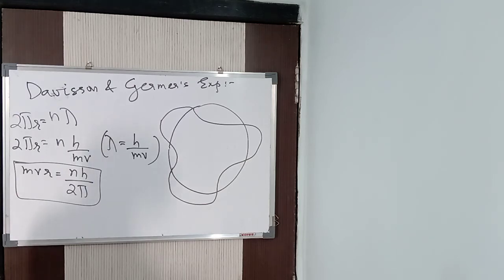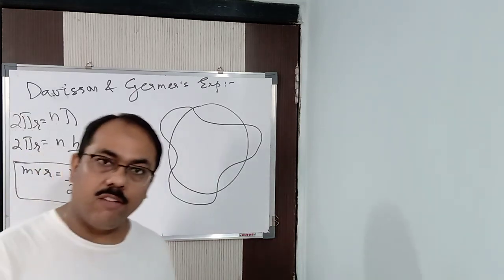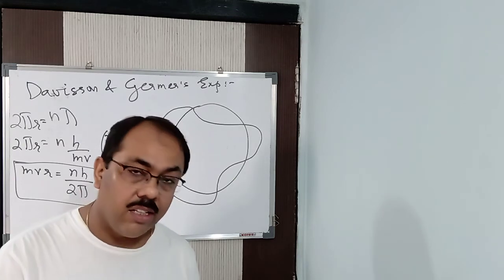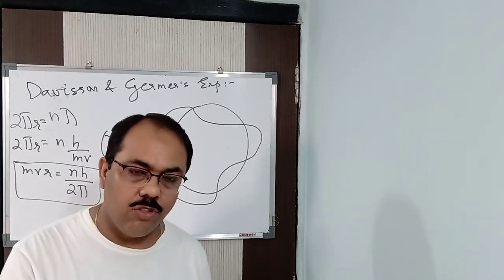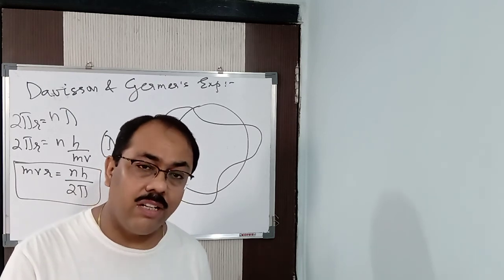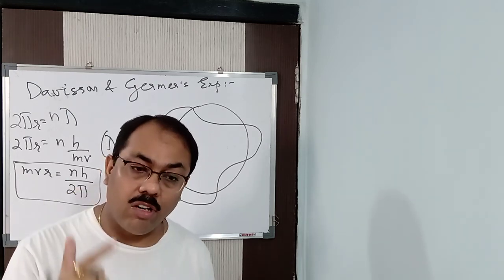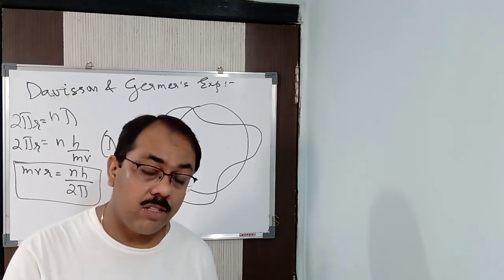Alright? Clear? So from the Davisson and Germer experiment, we came to know about the dual nature of matter, that is, particle nature as well as wave nature. And further, we got to know where the postulate that angular momentum is quantized, mvr is equal to nh by 2 pi, came from, as I said at that particular time.